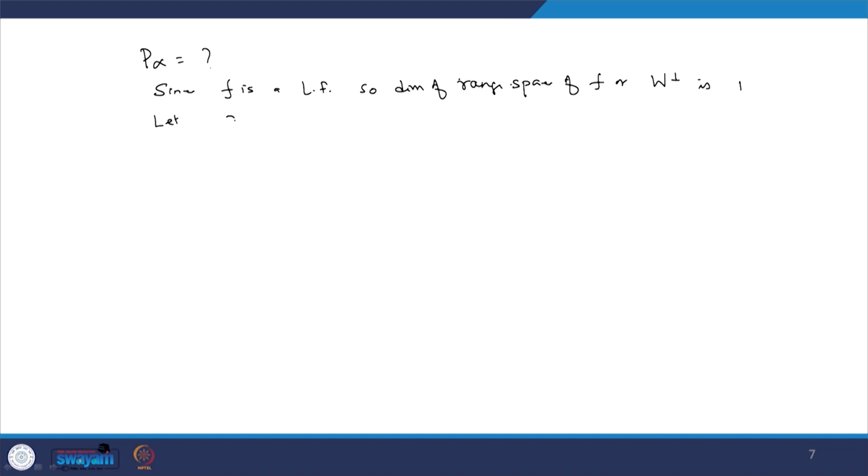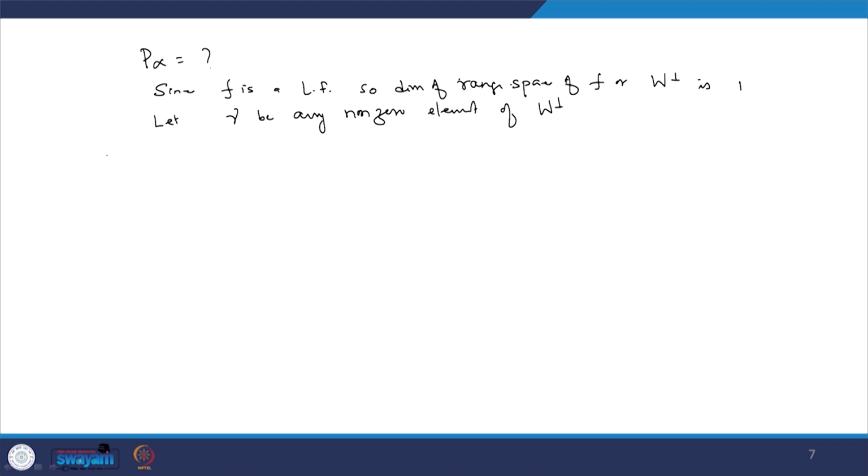Let gamma be any non-zero element of W complement. So I can say gamma will basically be a basis for W complement, because the dimension of the space W complement is 1. So certainly a singleton non-zero element gamma which belongs to W complement will act as the basis.